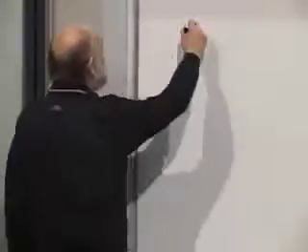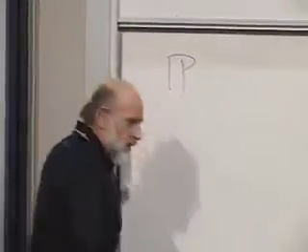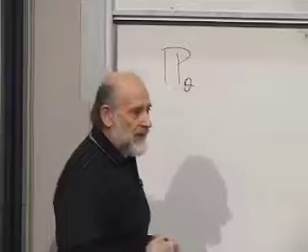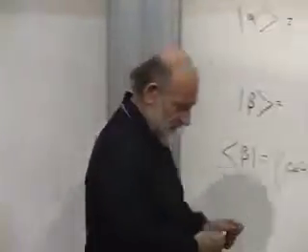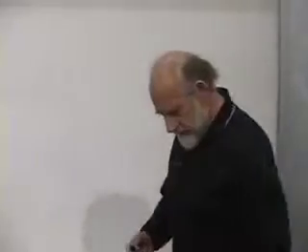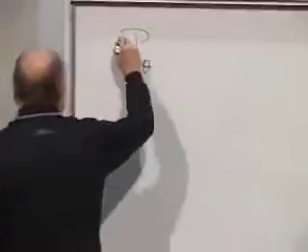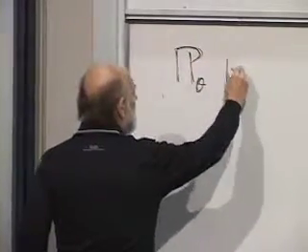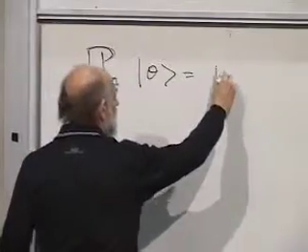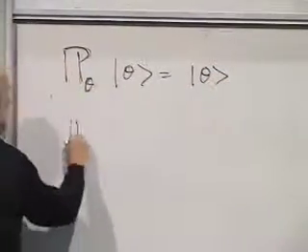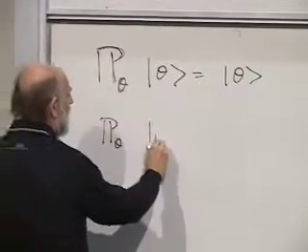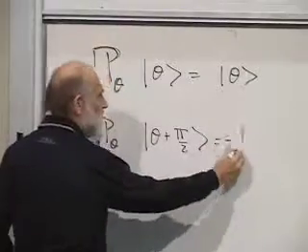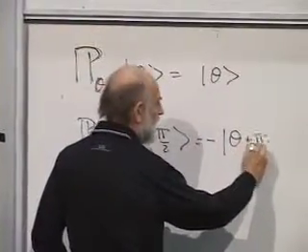But okay, we're interested now in the observable representing polarization in the theta direction. In other words, by definition, P theta acting on theta gives us plus theta, and P theta acting on theta plus pi over 2 gives us minus theta plus pi over 2.